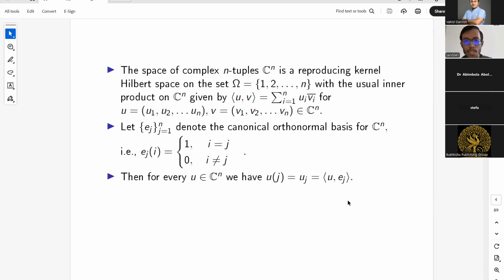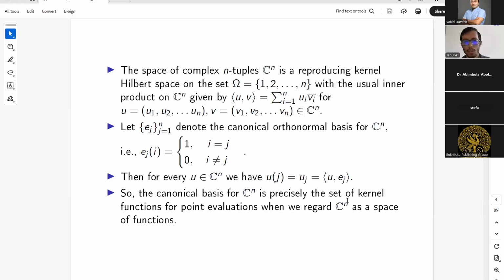Then for every u belonging to C^n, we see that u_j is nothing but the inner product of u with e_j. Thus the canonical basis of C^n is precisely the set of kernel functions for the point evaluations when we regard C^n as a space of functions.